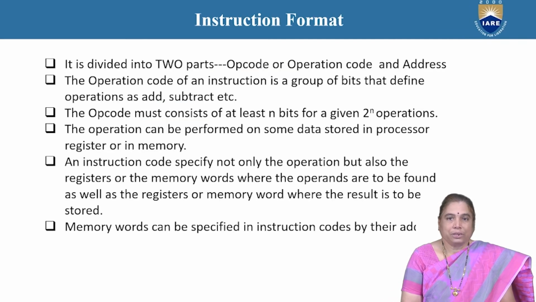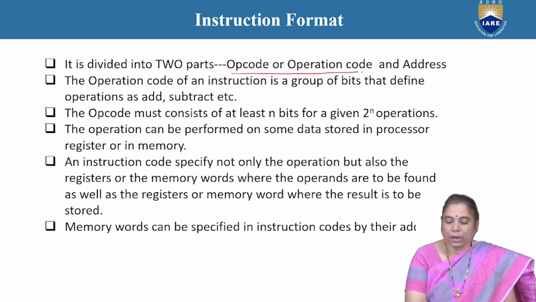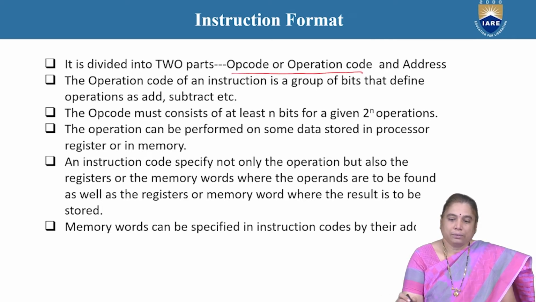What is instruction format? The instruction is divided generally into two parts. One is the opcode or operation code, and the second part is the address. The opcode specifies which type of operation can be performed, like the addition operation, multiplication operation, complement, compare.